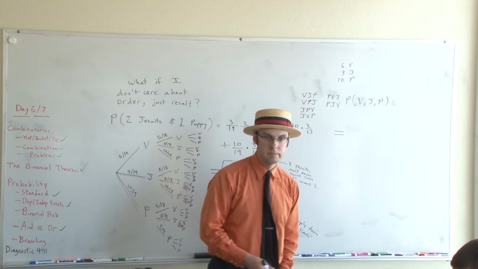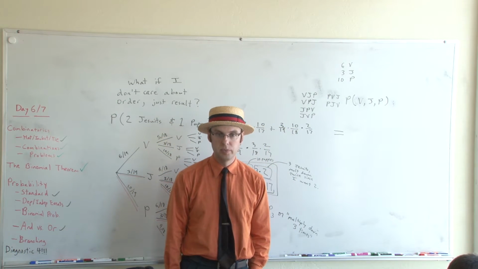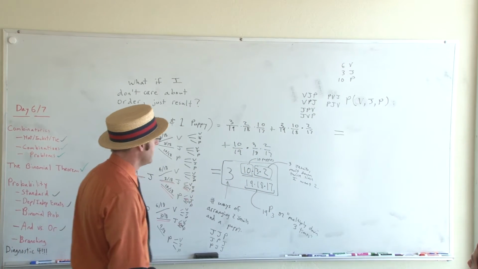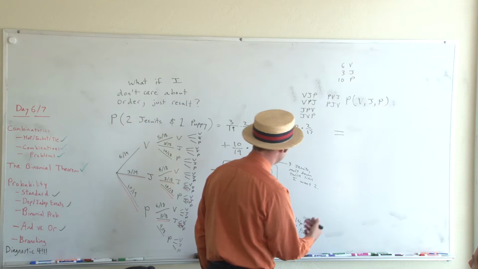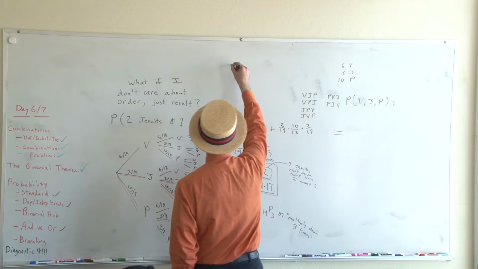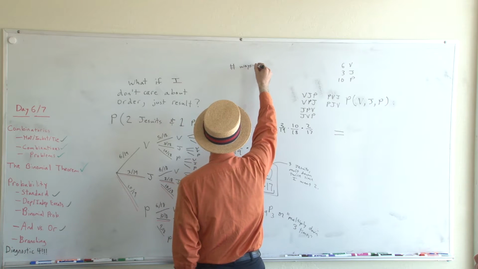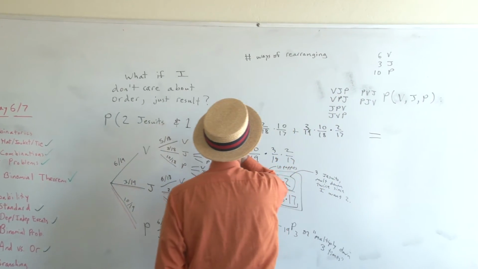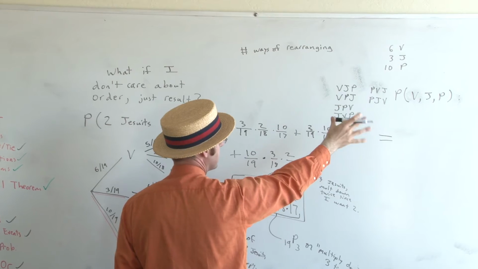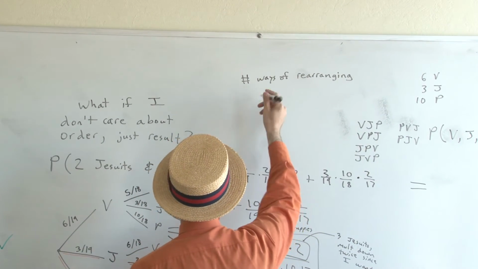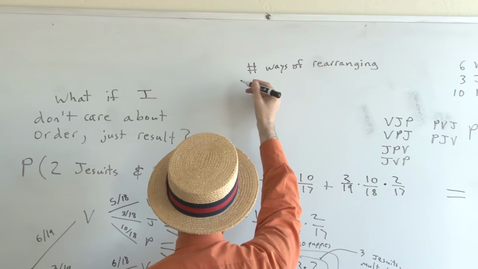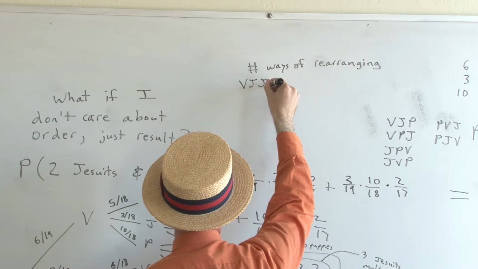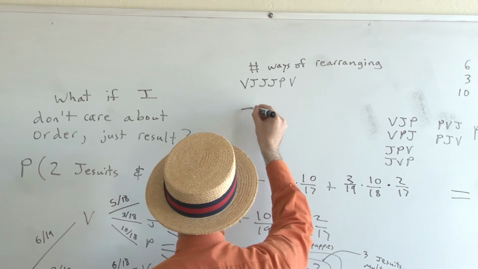Is there an easier way to find it instead of listing it all? Yes. The way that you do it, think of it as a word, let's say it were V, J, J, J, P, V, something like that.